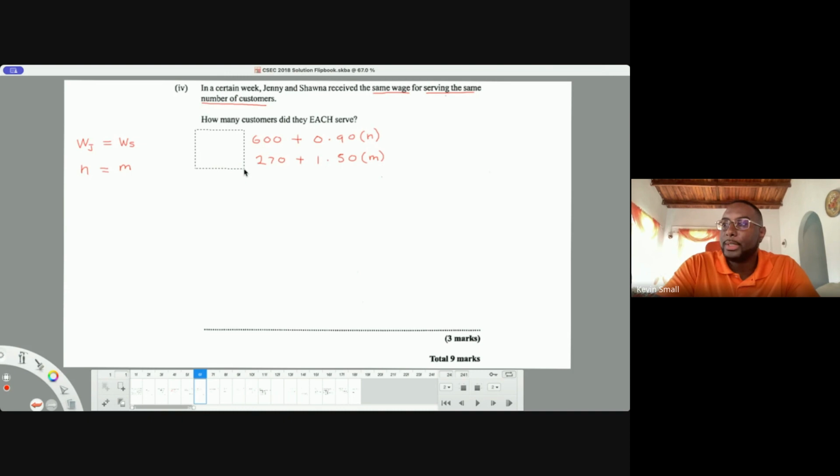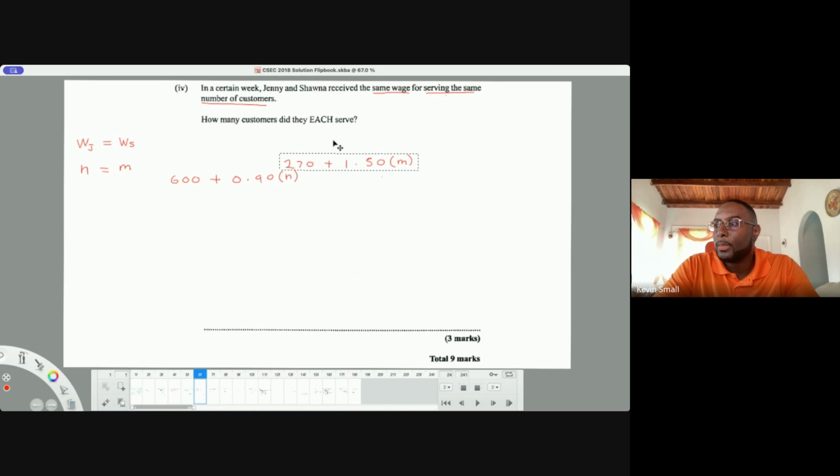What I will do is equate both equations together. I'll put this equation here, and I will put this equation next to it. The two are actually equal, or you could do it the simultaneous route if you care to do it that way.